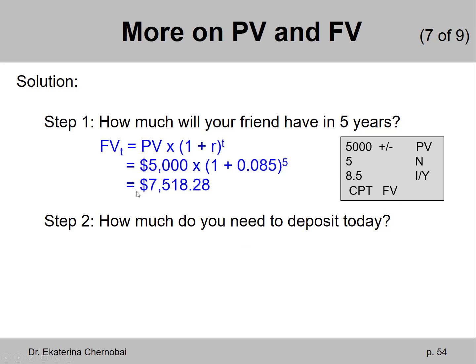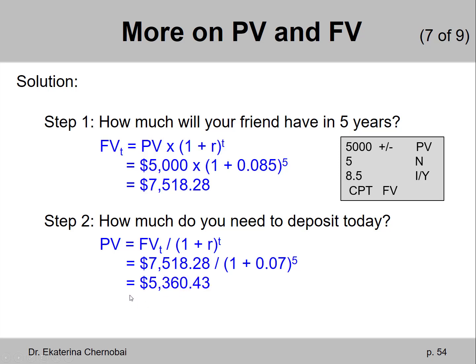And then your friend's future value becomes your future value, and you use it to find your deposit or the present value using the same number of years, 5 years, but a lower interest rate, 7% rather than 8.5%. So you take $7,518.28 and divide it by (1 plus 0.07) to the power 5.